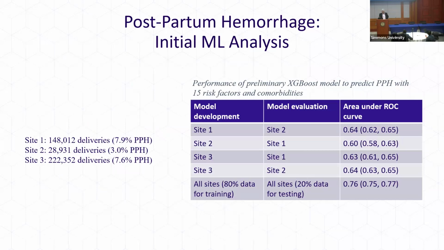So we have also done some initial prediction modeling with this to be able to predict who is at risk for postpartum hemorrhage. If you do something very simple and very naive, which is develop a model with one site and evaluate it on a different site, the performance is only around 60% in terms of the area under the curve. Once you start combining data from multiple sites, you can bring it up to a much higher level, like 76%.